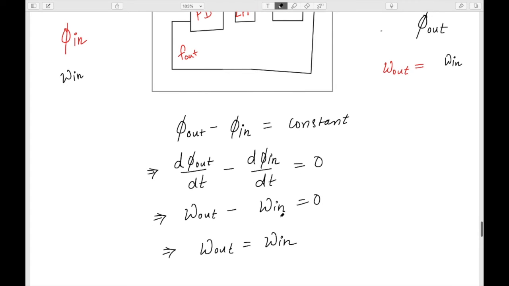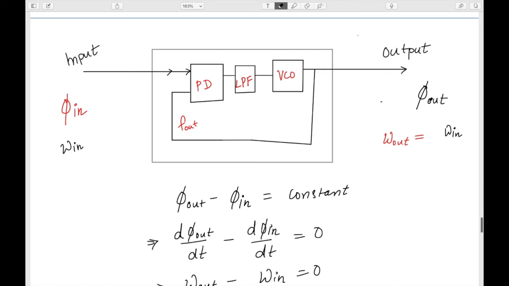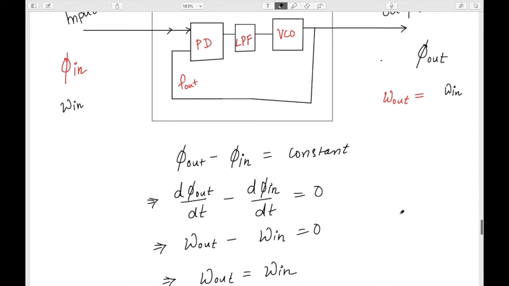So this can be achieved only if the difference between the phases of these two is constant. There may be a phase difference, but we can say that the frequency is the same. It is quite simple to understand.